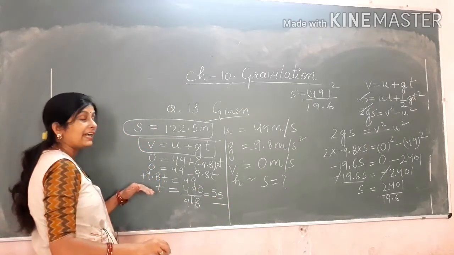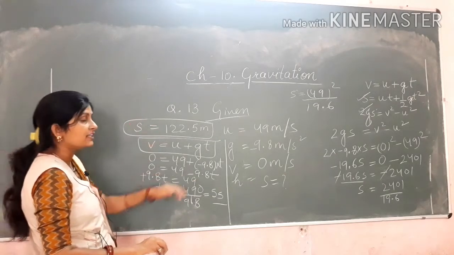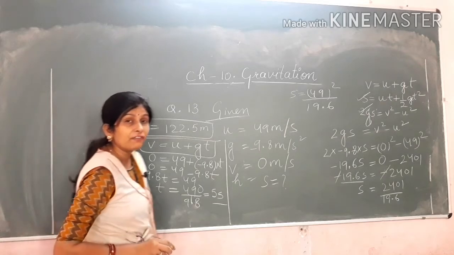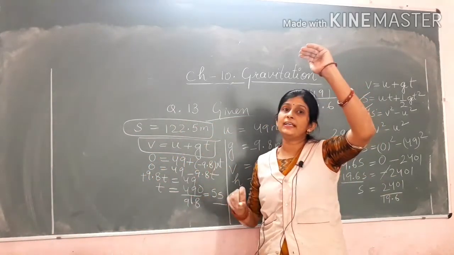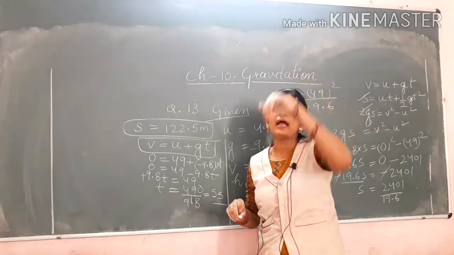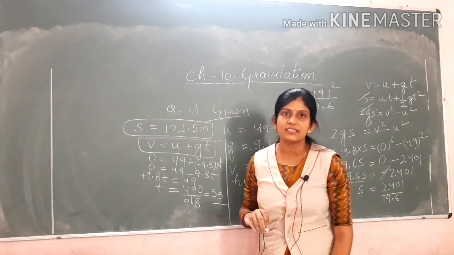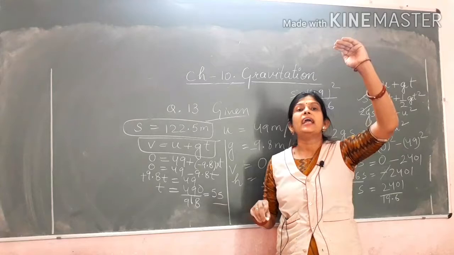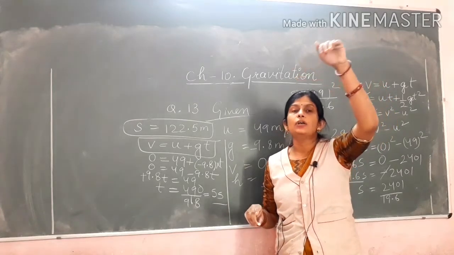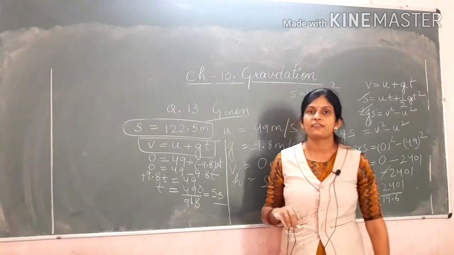So the time taken by the ball to reach this height is 5 seconds. It means if it takes 5 seconds to reach this height, then coming back from this height it will take the same 5 seconds. So 5 seconds in reaching this height and again 5 seconds for coming back from this height to earth's surface.